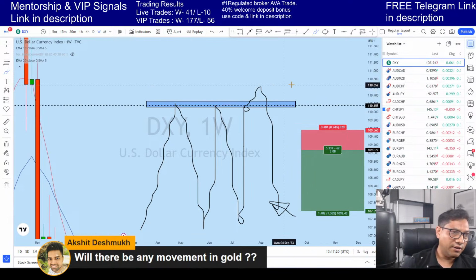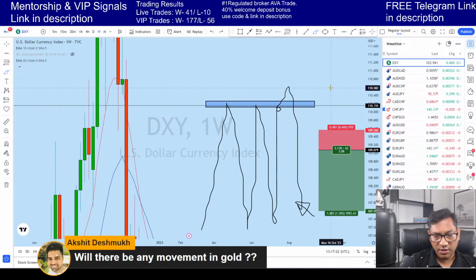Now, the market is a transaction between buyers and sellers, right? If there is a buyer, you need a seller. If a bank wants to sell, they need a buyer. One of them is equivalent to, let's say, hundreds or thousands of retail traders, and they don't find a buyer when they want to sell.